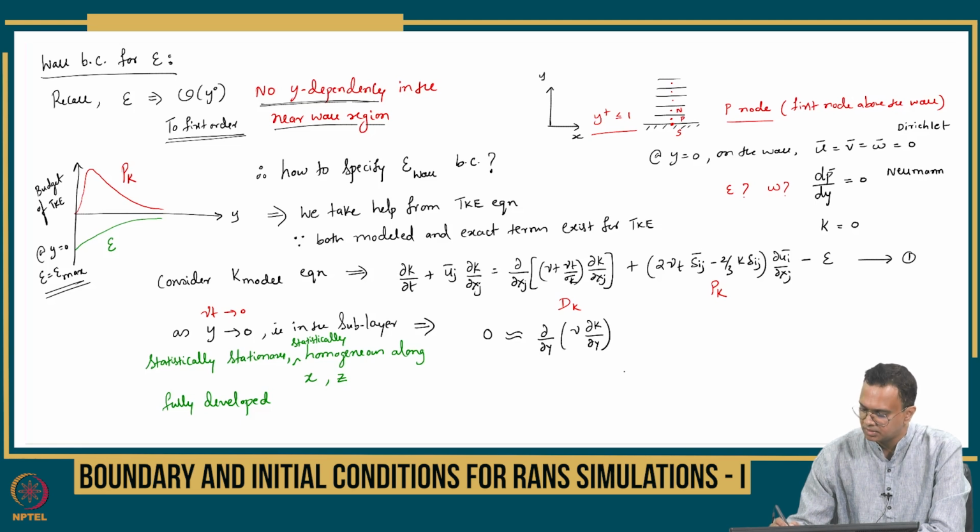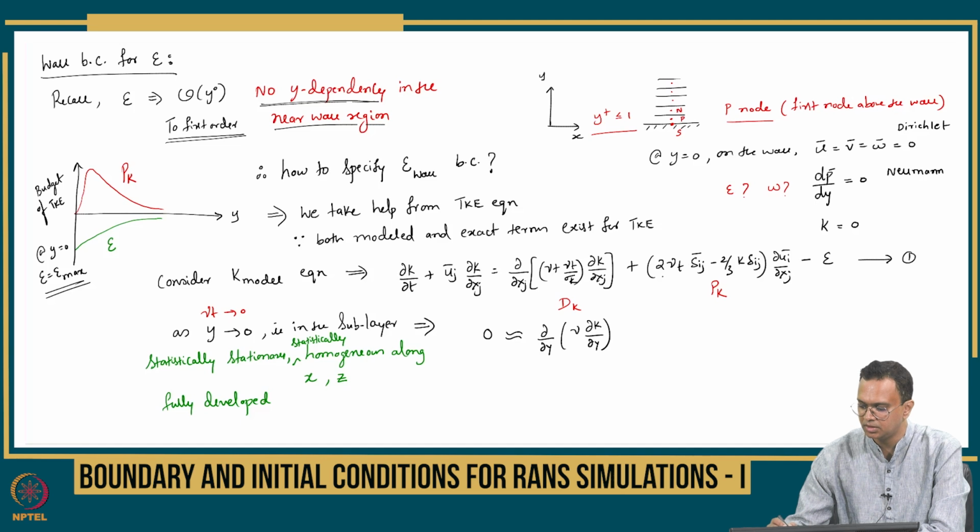And then what will happen to the production rate? Nu t is going to 0. So the last term here, delta ij dou ui by dou xj, by continuity it is 0, right. When i equals j, dou ui bar by dou xi becomes 0 because of continuity.